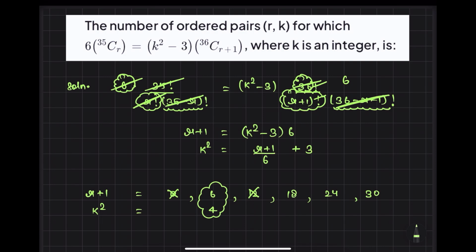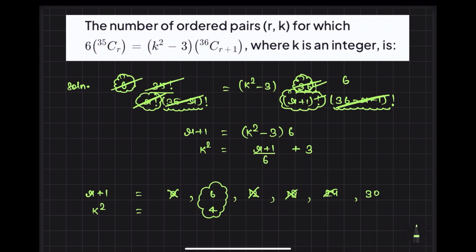Now if I take r plus 1 as 18, 18 divided by 6 is 3, 3 plus 3 is 6, and 6 is not a perfect square number, so it is also rejected. For 24, 24 divided by 6 is 4, 4 plus 3 is 7, not a perfect square, rejected. For 30, 30 by 6 is 5, 5 plus 3 is 8, again rejected.